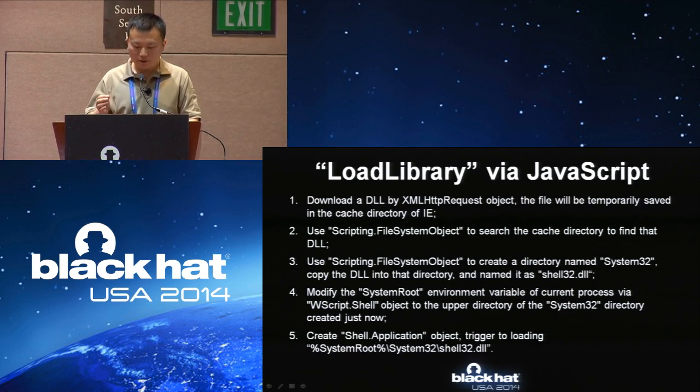Now we modify the system root environment variable to the upper directory of the fake system32 we just created. The last step is creating a shell application object, to trigger the loading of our fake shell32 library. That's how we load the library with script. Am I clear?